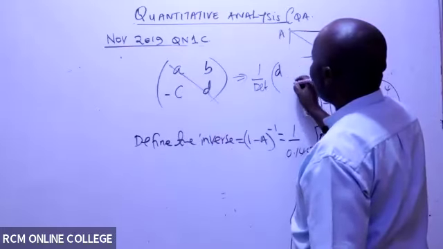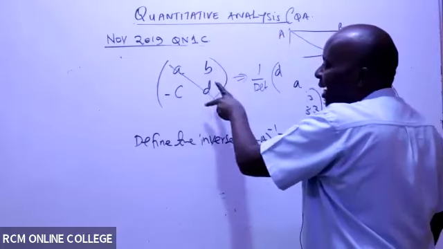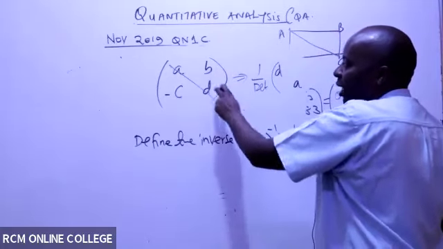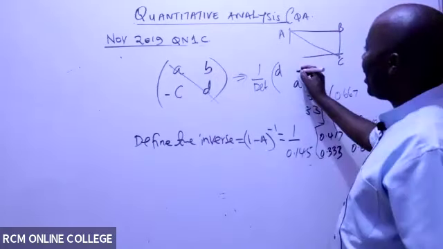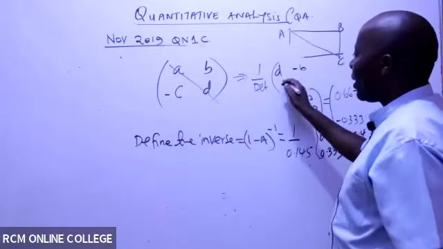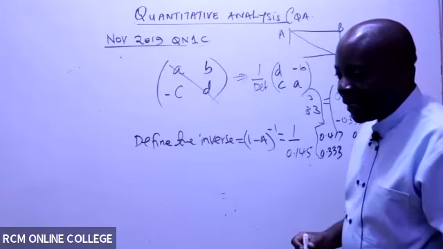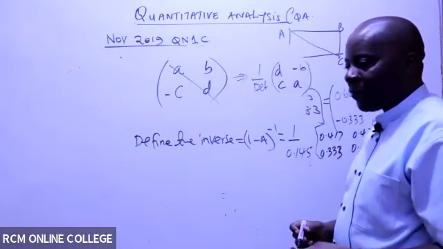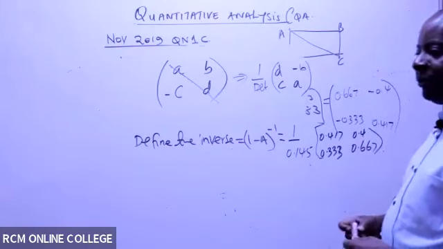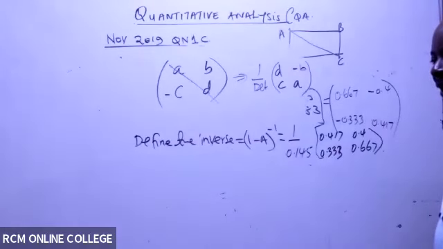So we have D, A. How about secondary elements? They remain where they are, but you change their signs. Like now, this was positive, now it becomes negative B. This was negative, now it becomes what here? C, like that. I hope now this makes sense. And thanks for asking a question. So is that okay, ladies and gentlemen?